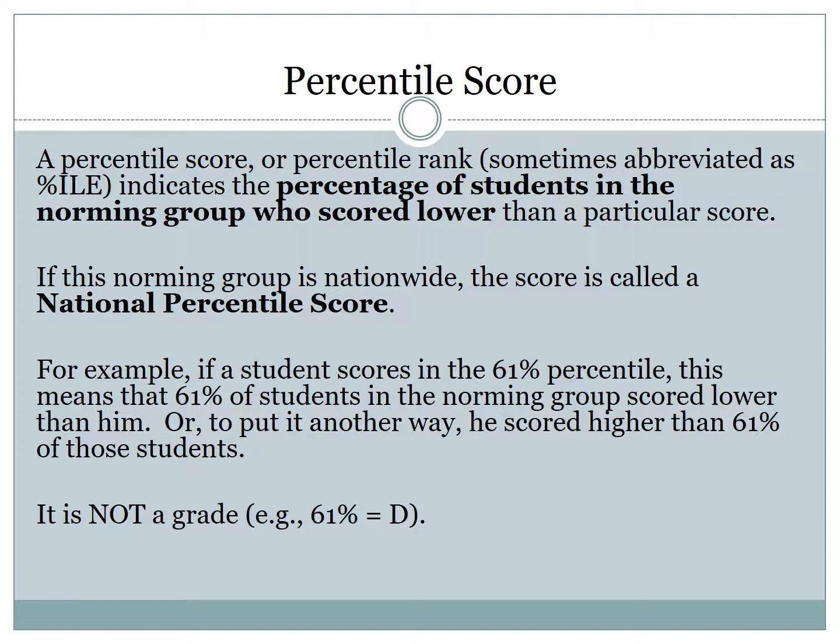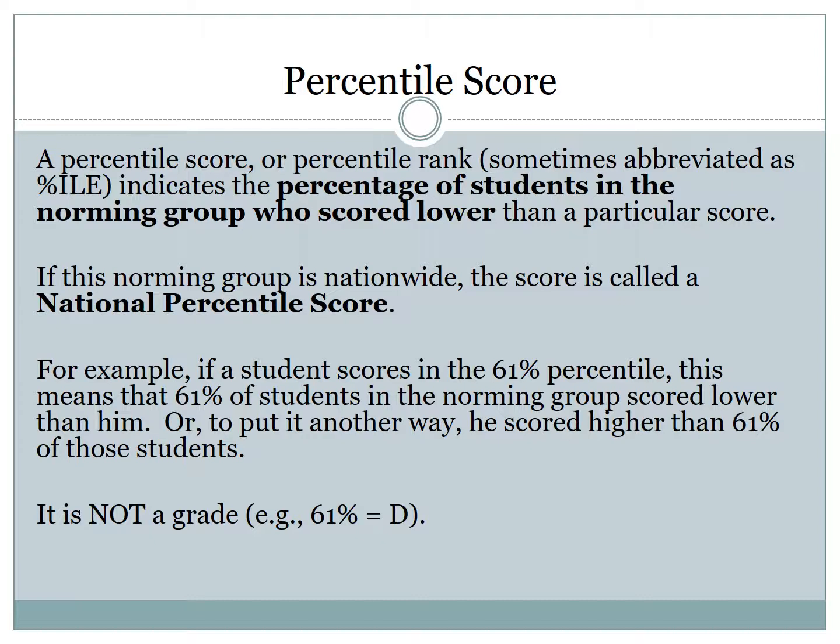For example, if a student scores in the 61st percentile, this means that 61% of students in the norming group scored lower than him. Or to put it another way, he scored higher than 61% of those students.